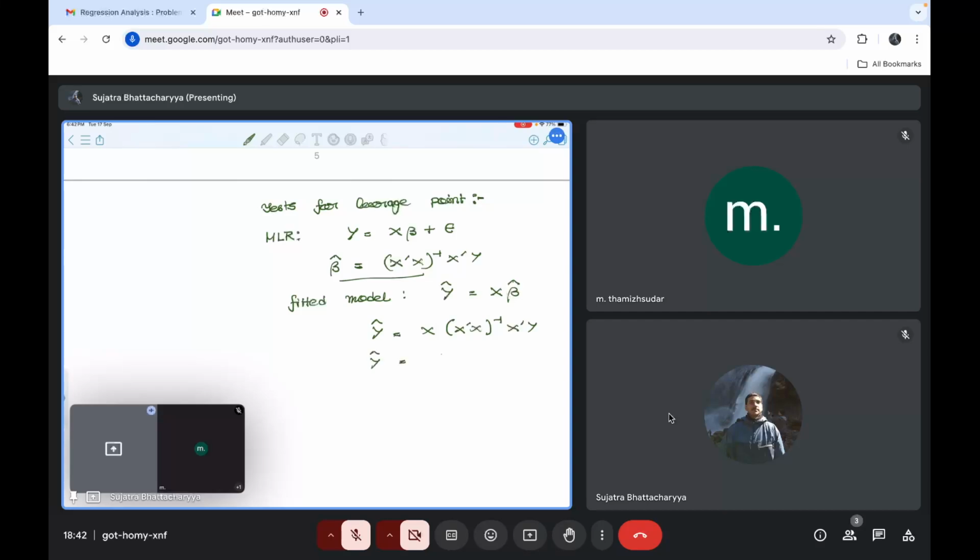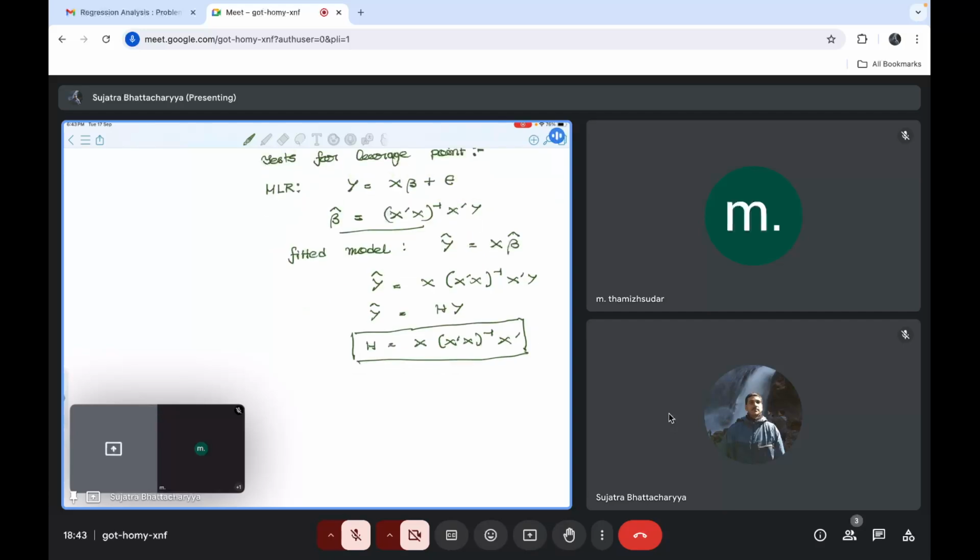So this can be written as H times y, where H is nothing but X (X prime X) inverse X prime. This is your hat matrix, because this matrix maps the elements of y to y hat. We have seen it in detail in the last class, but again, let us do it one by one.